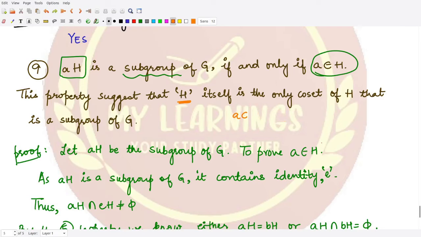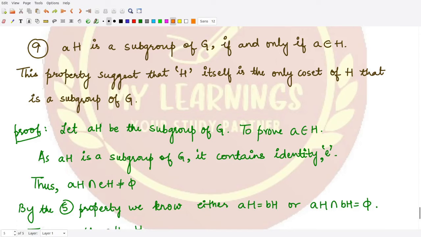Moving on to its proof, let us first consider that AH is a subgroup of G, and we would like to prove that A belongs to H. Because AH is a subgroup of G, it would definitely contain the identity element, and moreover this identity is also present in EH, which is H only, and H being a subgroup would contain the identity, obviously.